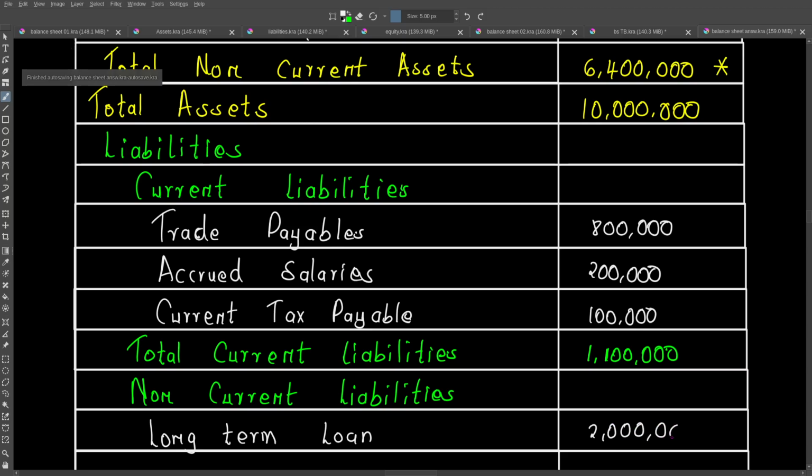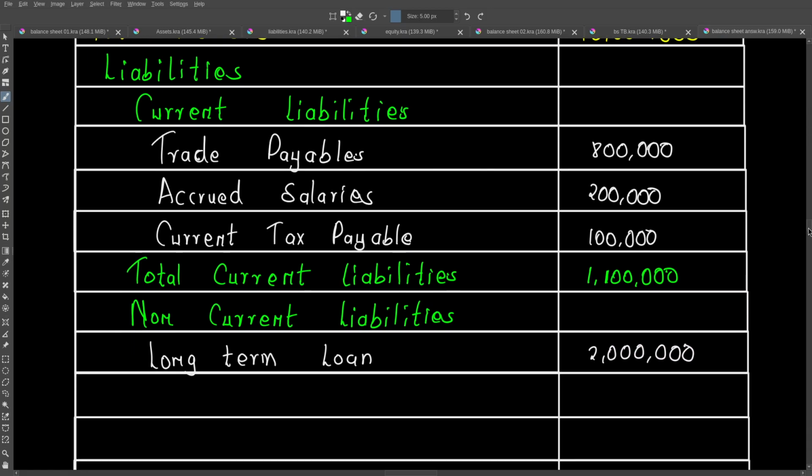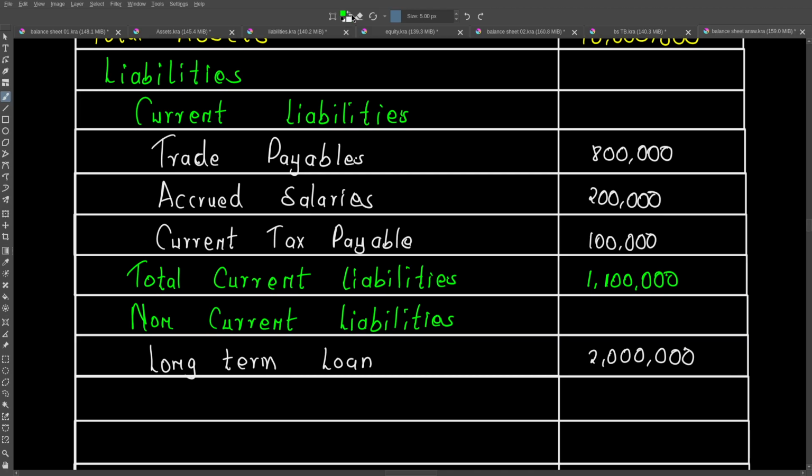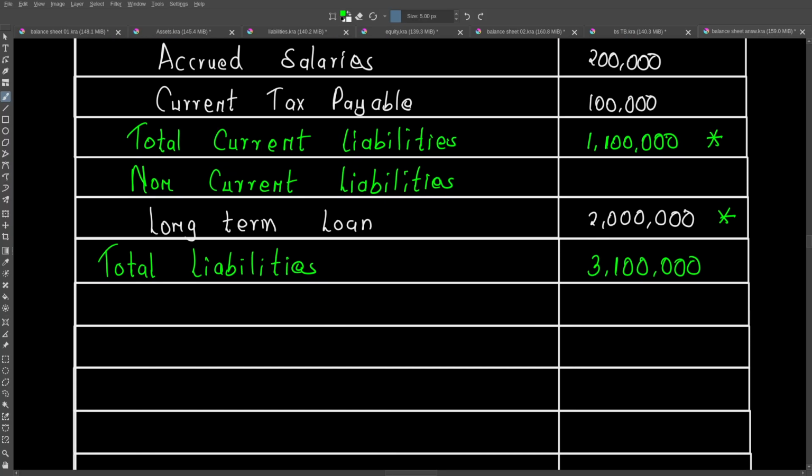Since we only have one non-current liability, what is our total liability? We have a summation of 1.1 million plus 2 million, which gives us a total of 3.1 million, okay?